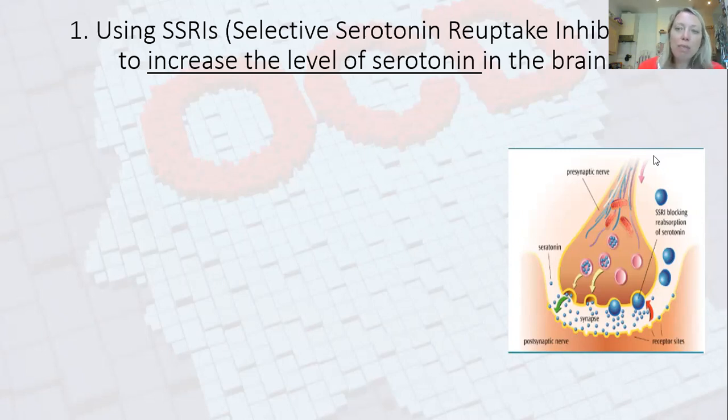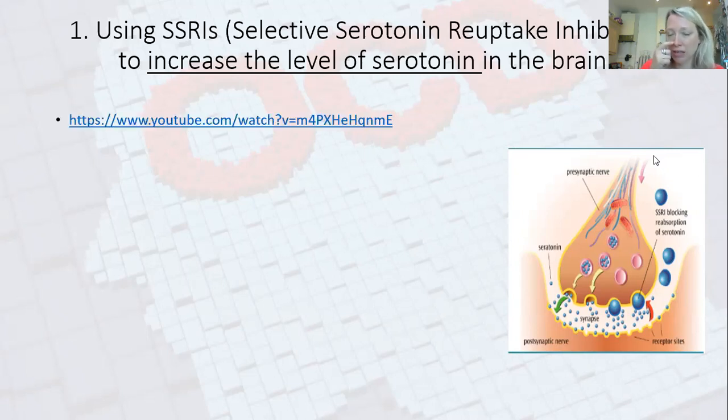You need to remember that term, not just because that's the name of the medication, but also because it tells you what the medication actually does: it inhibits, it stops serotonin being taken back up into the presynaptic neuron. And therefore, if you stop serotonin being taken up, it means that you have more serotonin in your synapse. We'll talk about that in just a second.